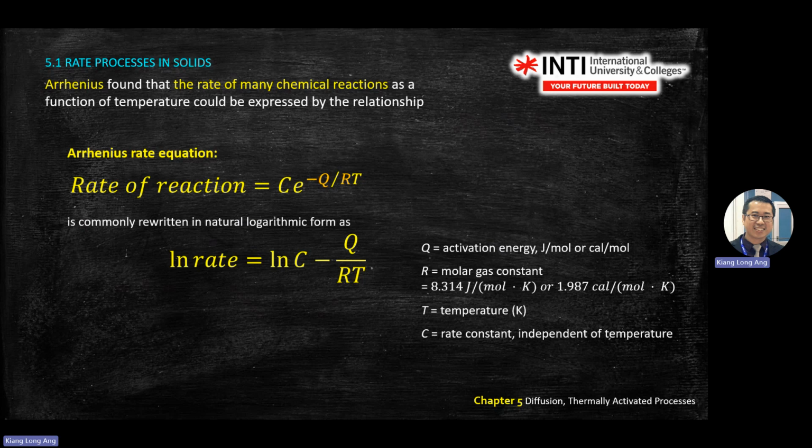We need this operation. Log rate equals log C minus Q divided by RT. Again, remember temperature is in Kelvin. So you need to plot log versus log to get a straight line. The y-axis is log rate, the x-axis is log C.